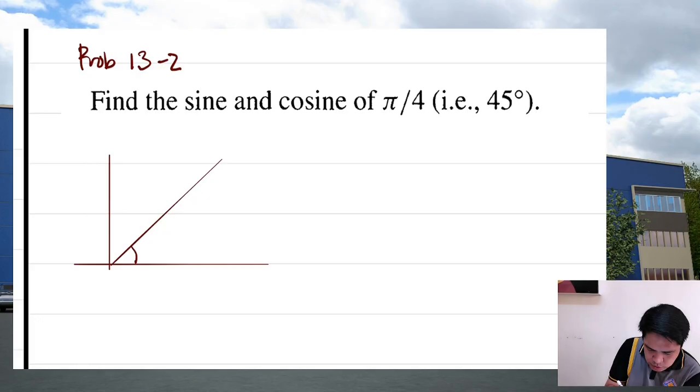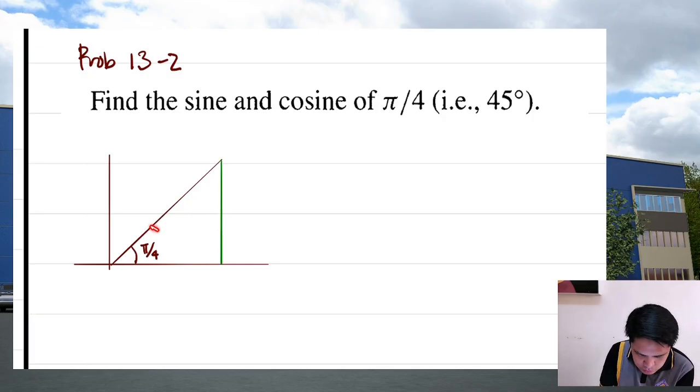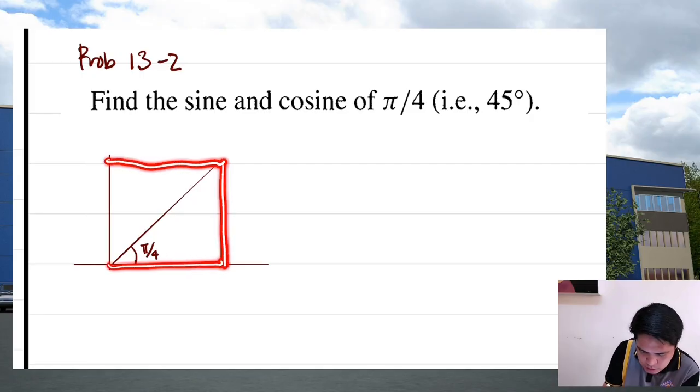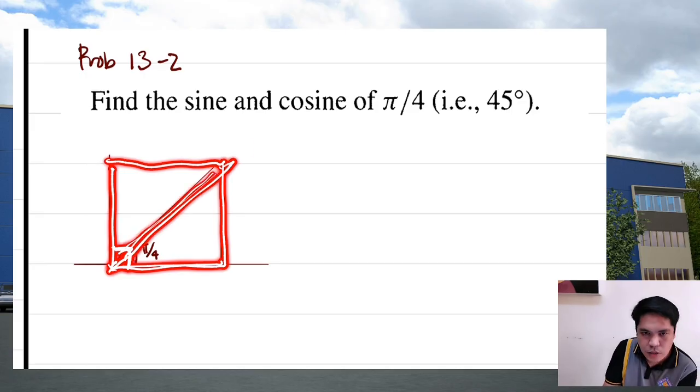Okay, so this angle is pi over 4 because this whole angle is pi over 2. Then half of that is pi over 4. So that means if the angle is pi over 4, and since this line bisects this angle, it is the same as a square with 90 degree sides and you put a diagonal, right?